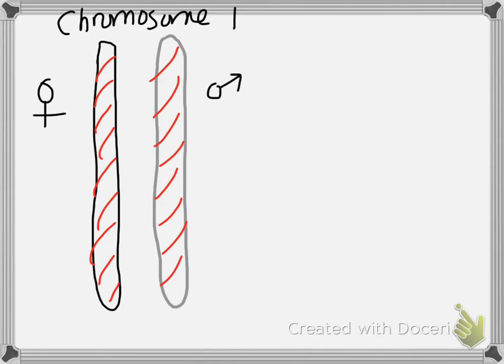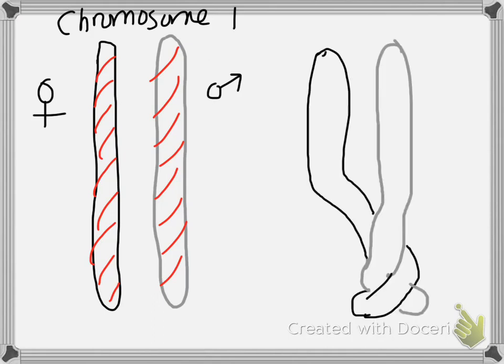And when they get divided up and go off to eggs, they do this weird thing first. They wrap their little arms and legs around one another. So it looks a little bit like this. So they sort of line up side by side before they go off to their respective gametes, their respective eggs and sperm. And the bottom of the chromosome actually twists around one another.